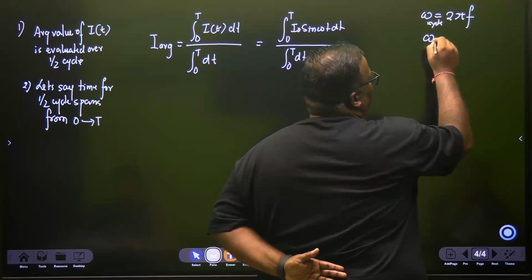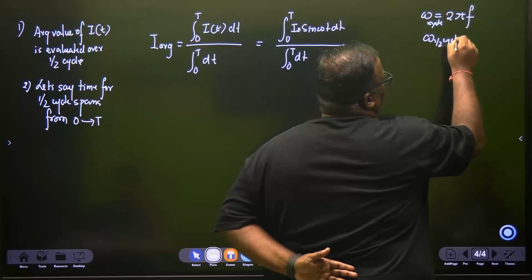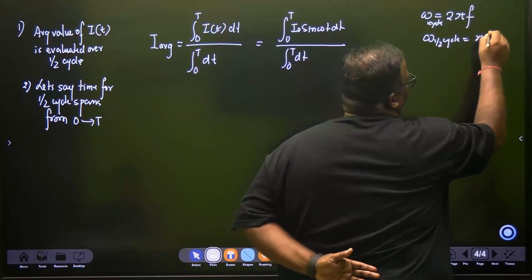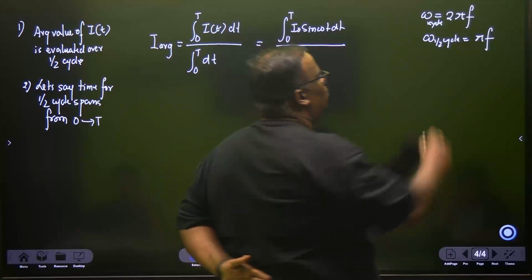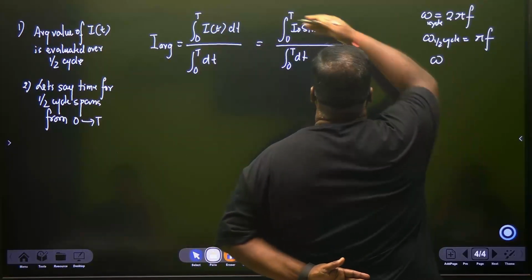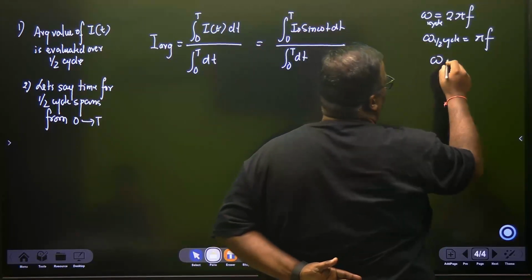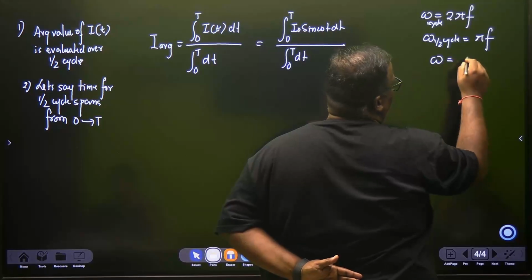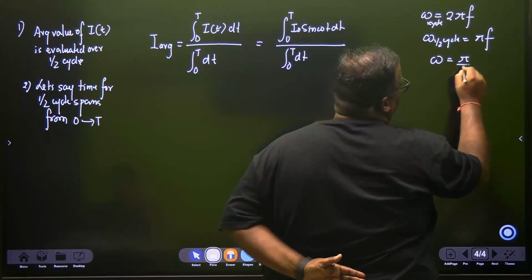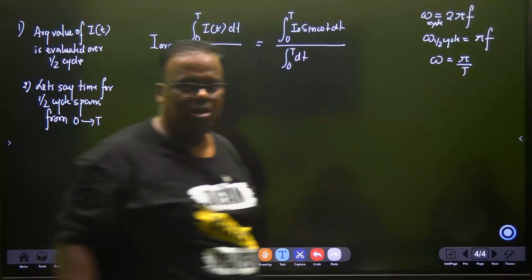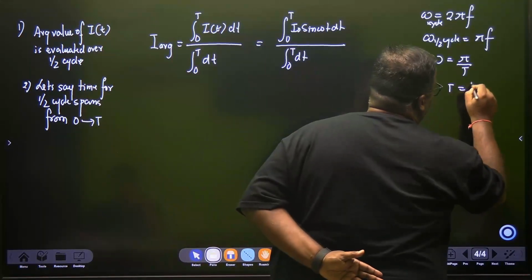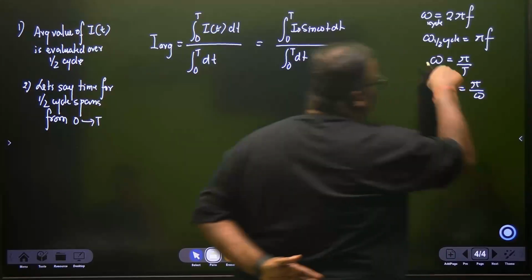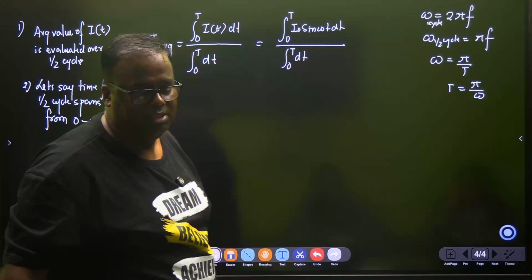So for half cycle, my omega will be pi f. Agreed? So half cycle means this entire thing is happening on a half cycle. So my omega for this calculation will be given by pi divided by t, because f is 1 upon t. That means my t is nothing but pi by omega. Do you agree? t is equal to pi by omega.